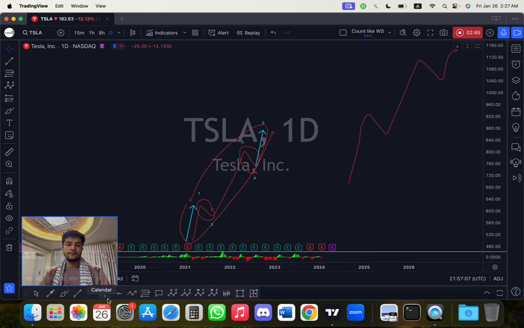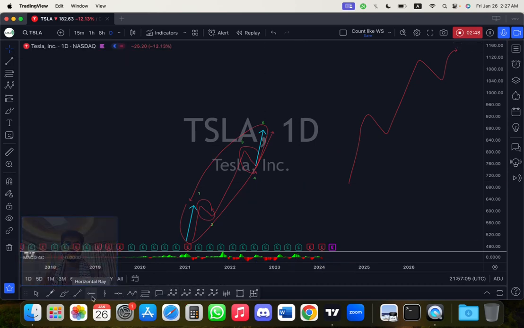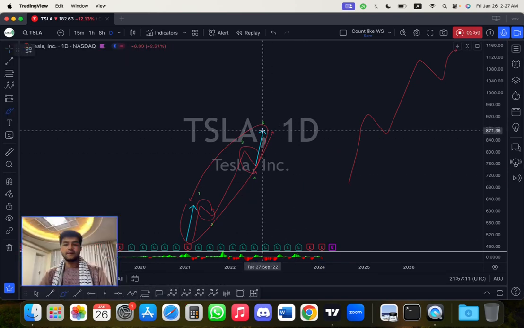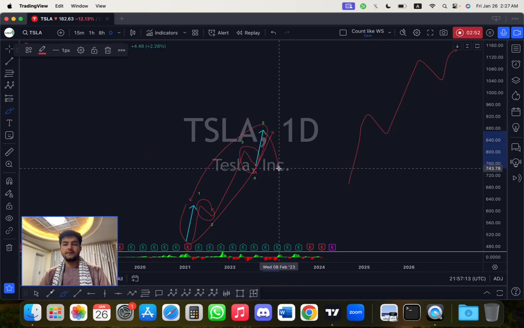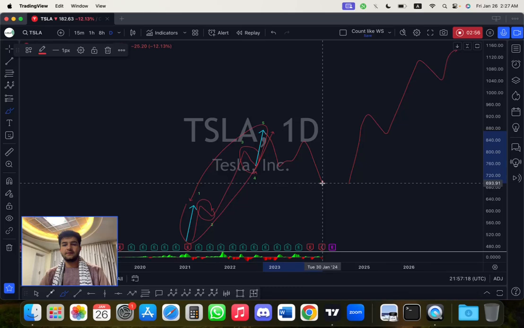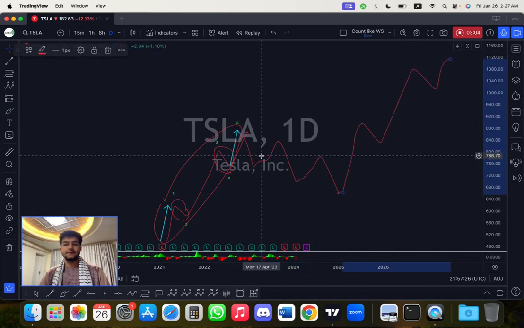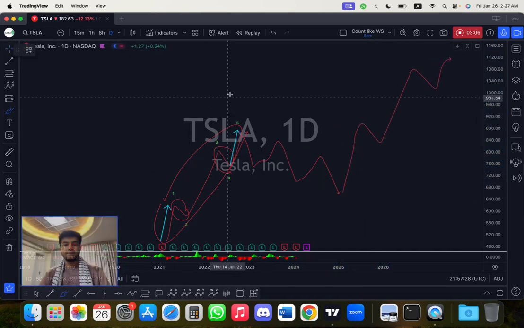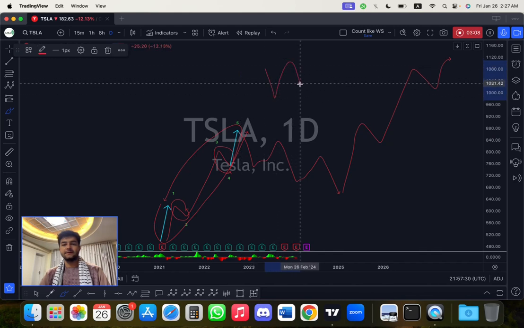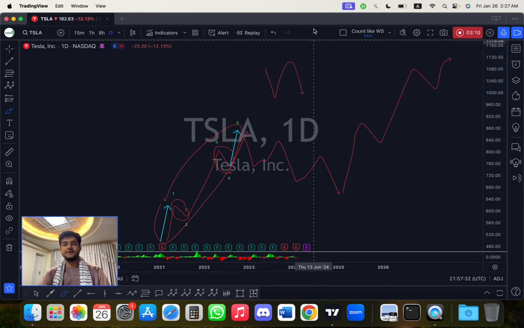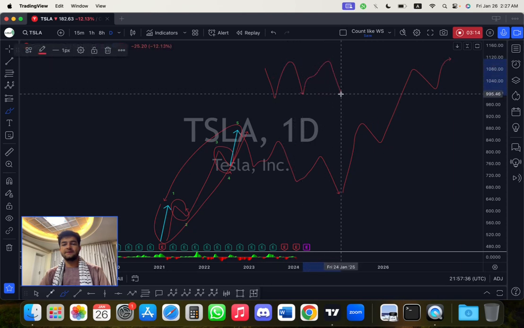Like this one, where it will be a W, an X, a Y, another X, and Z. We are in this scenario, and instead of getting a very simple 1, 2, 3 and then going to the upside, this time we will get a 1, 2, 3, 4, and a fifth.